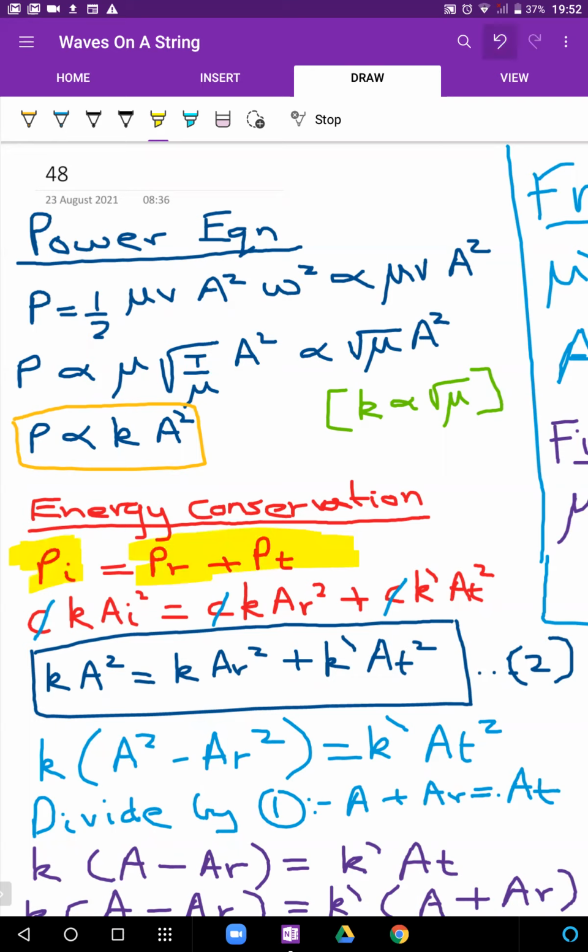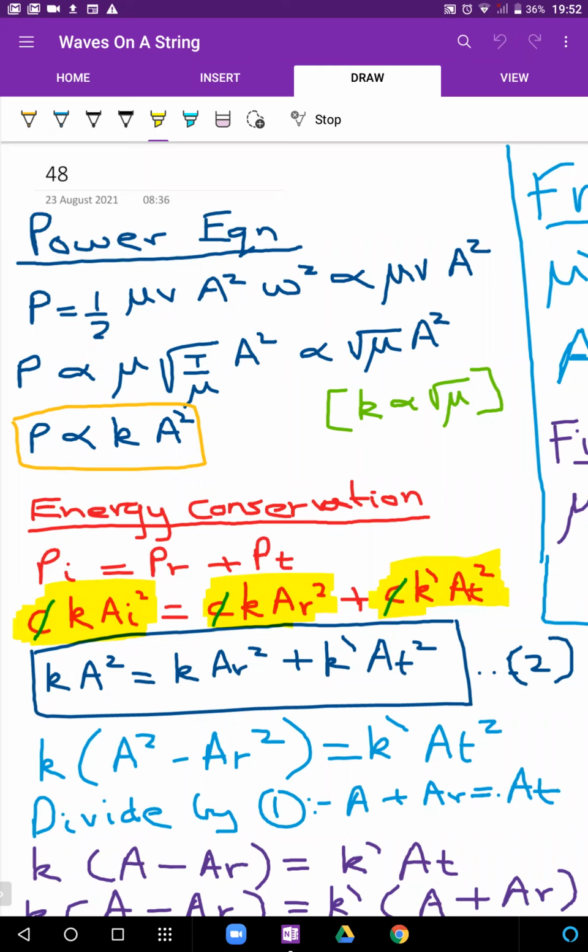Since power is proportional to k a square, I just wrote it as some constant c times k a square. So incident power is c times k a incident square. Reflected power is c times k a reflected square. Transmitted power is c times k dash a transmitted square.